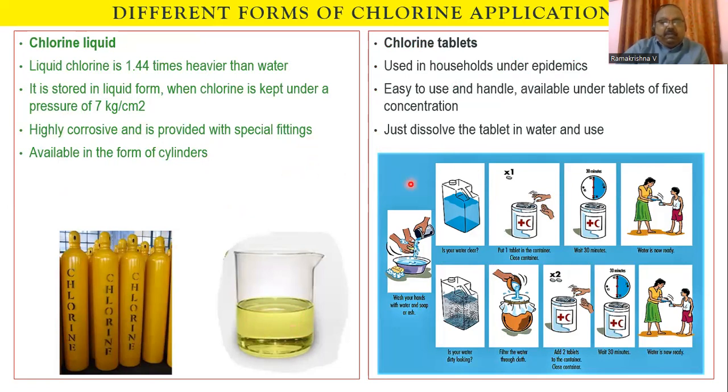Chlorine tablets. This is another form which is normally used under epidemic situations. The chlorine is available in specific dosages in the form of tablets. So you take water, add 1 or 2 tablets into this water, and then wait for some time for the contact time.